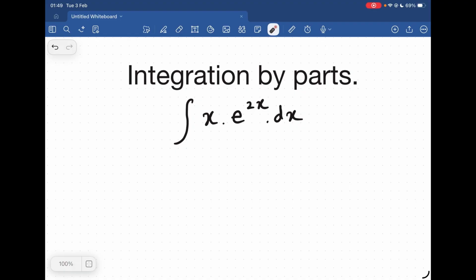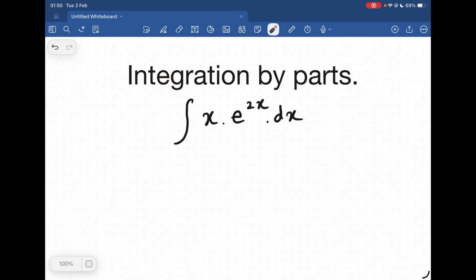So for example, in this case, just see, if you are trying to integrate x multiplied by e to the power 2x, if you try any other methods that we have studied so far, it would be kind of difficult to integrate it.